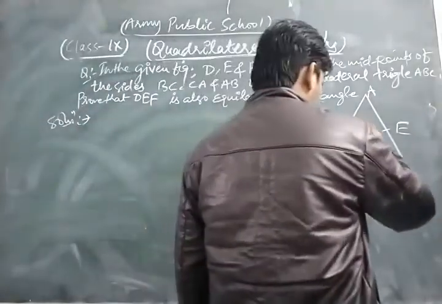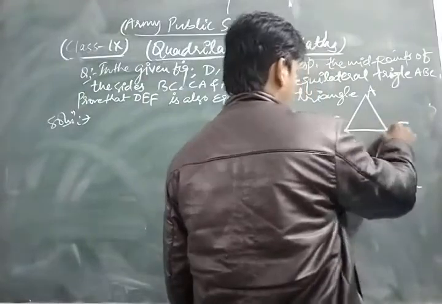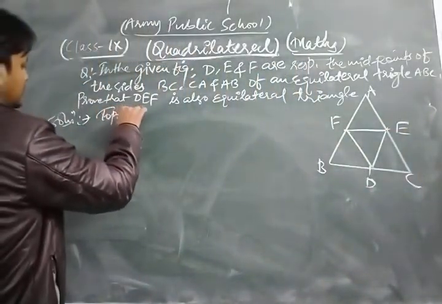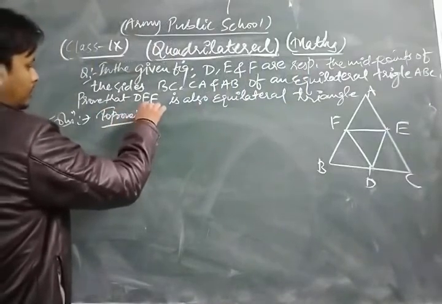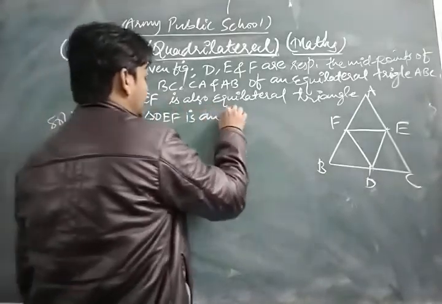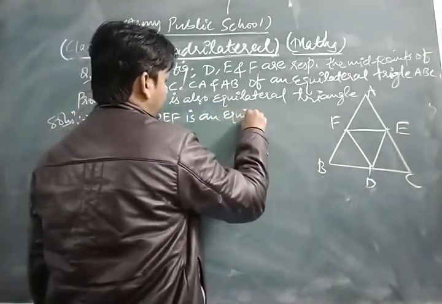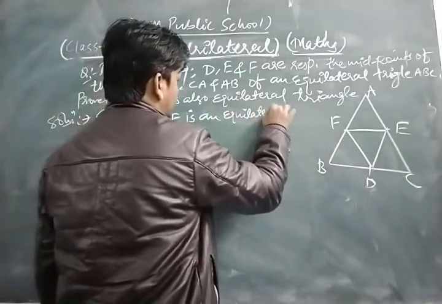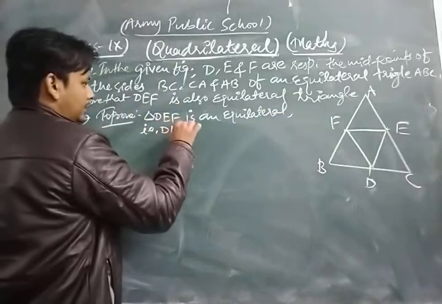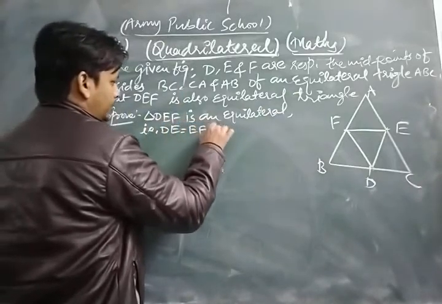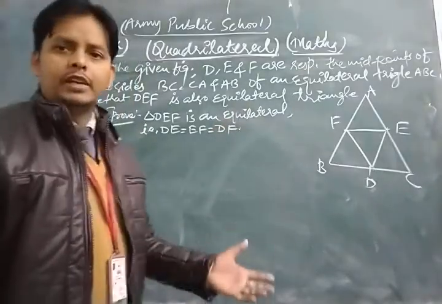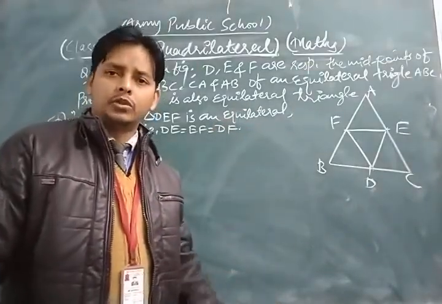We have to prove that triangle DEF is equilateral, that is DE equals EF equals DF. An equilateral triangle means all of its sides are equal to each other.